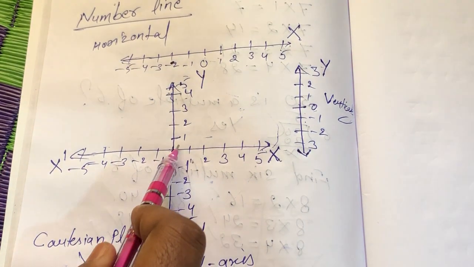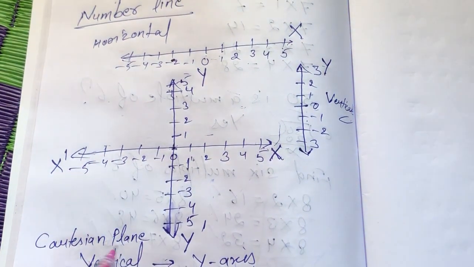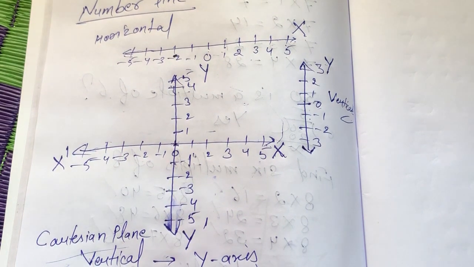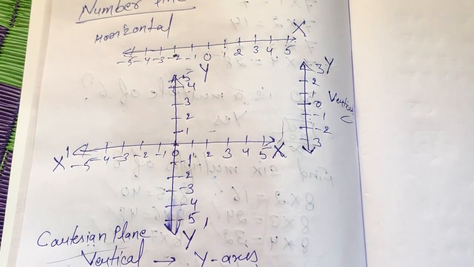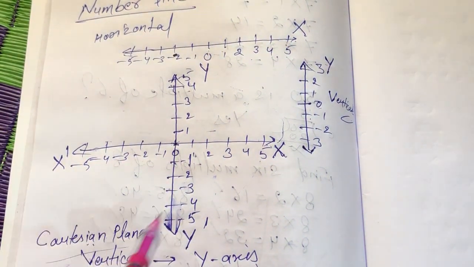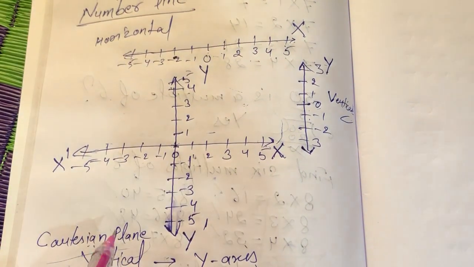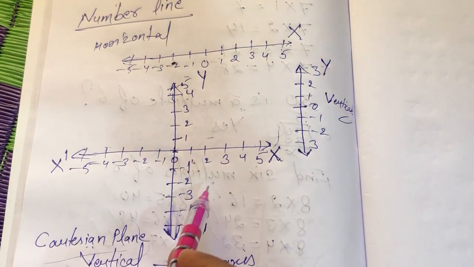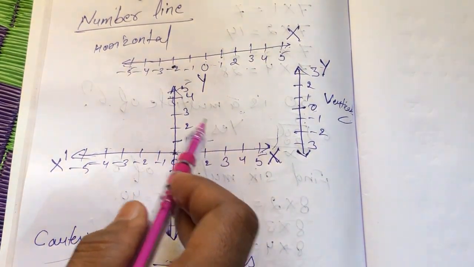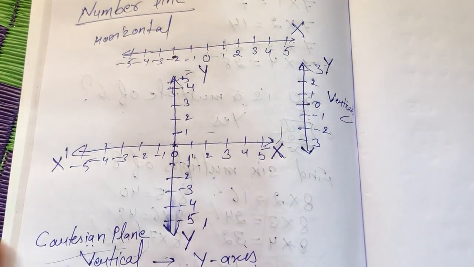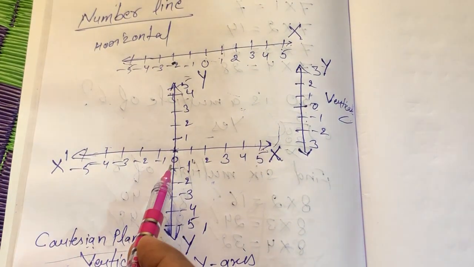This is the origin point, and we call it the Cartesian plane. This Cartesian plane is divided into 4 parts. We also call it the coordinate plane, and it is also called the Cartesian plane. You can see different names given to it.